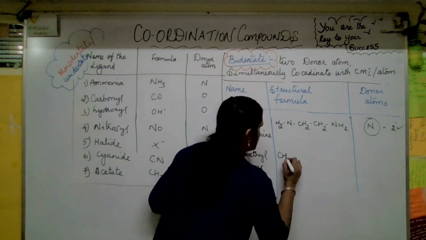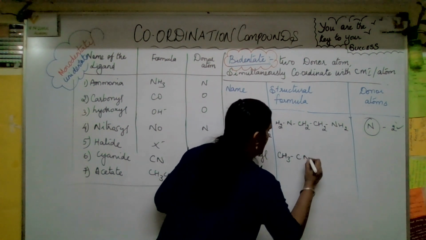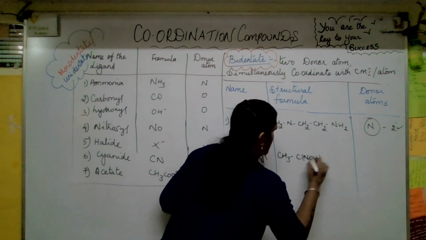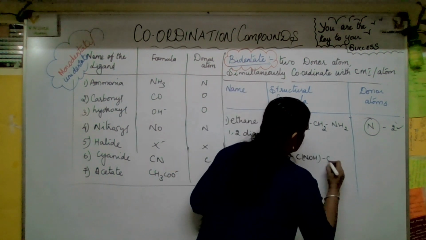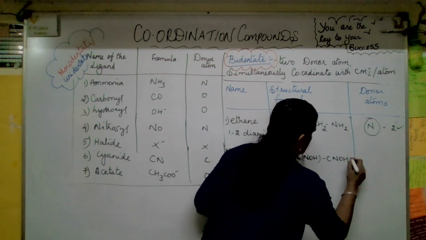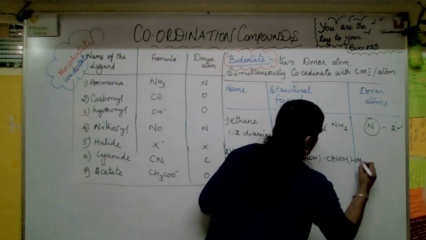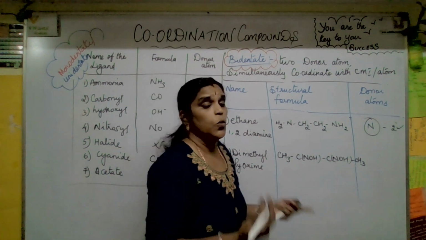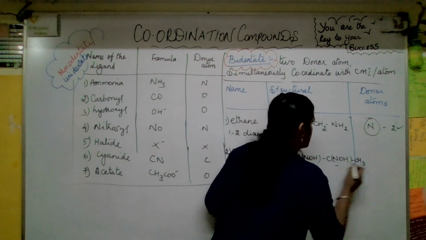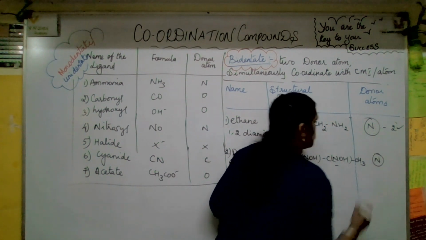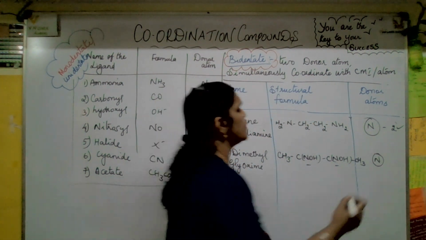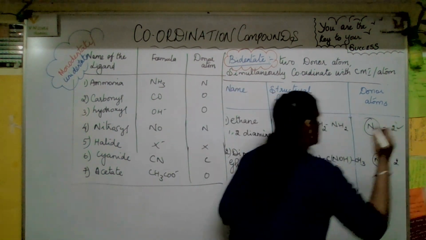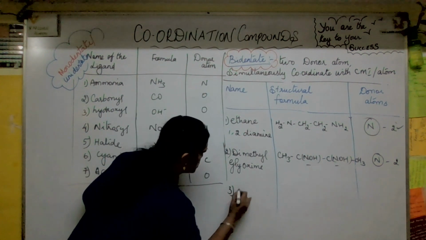Dimethyl: CH3 CNOH, and CNOH CH3. This is the structural formula of dimethyl glyoxime. Now who is the donor? Nitrogen is the donor; nitrogen is more electronegative than carbon. How many donor atoms here? Here also two.